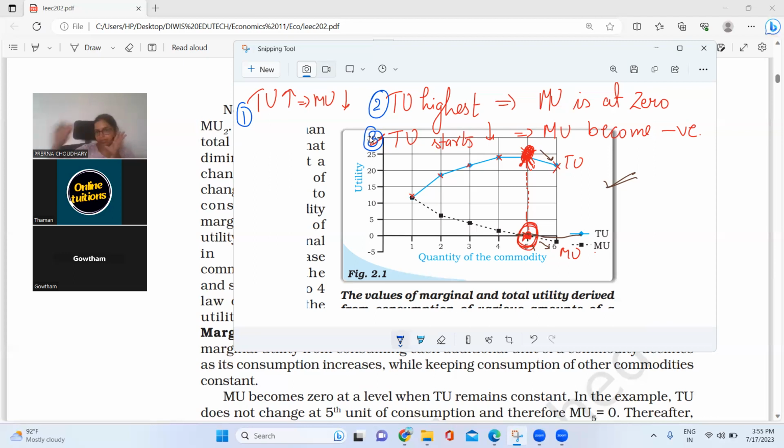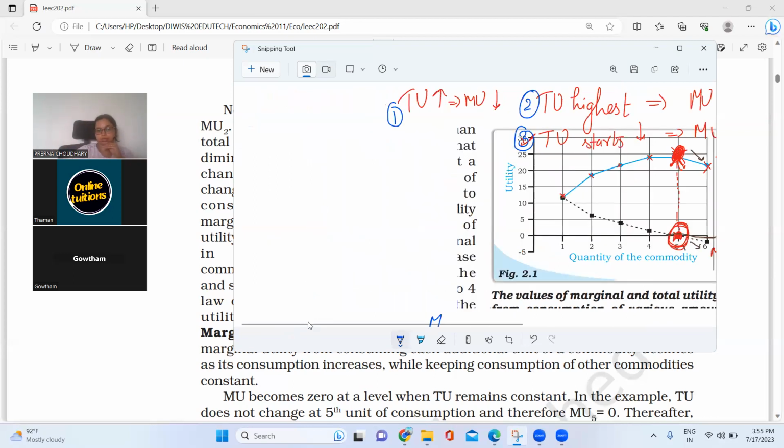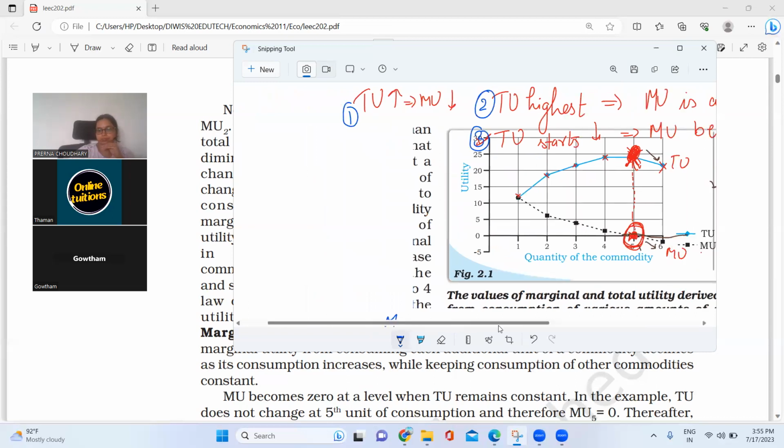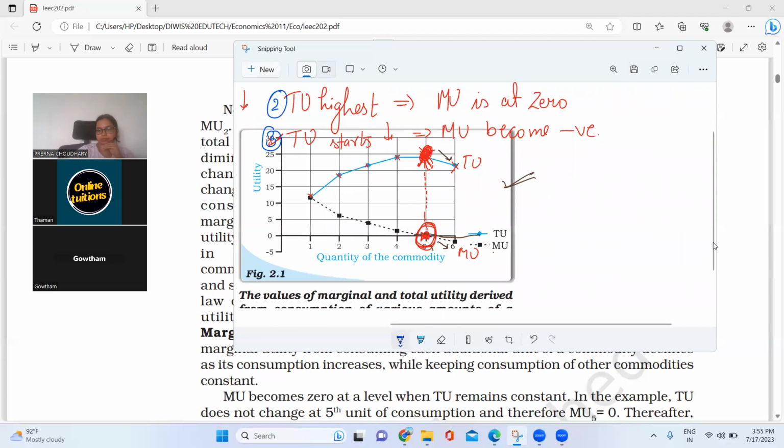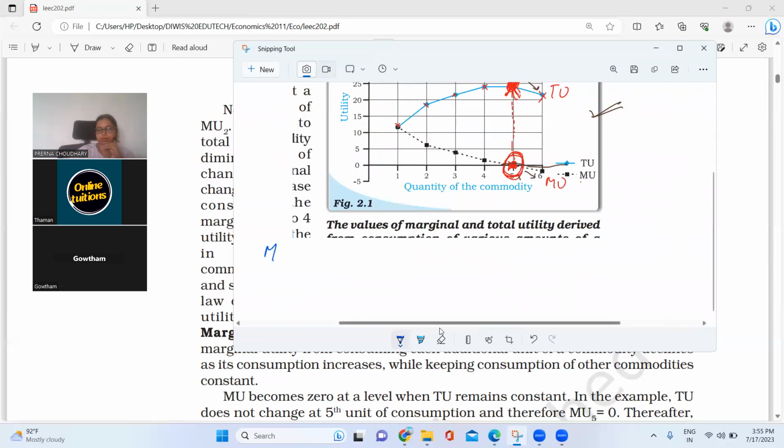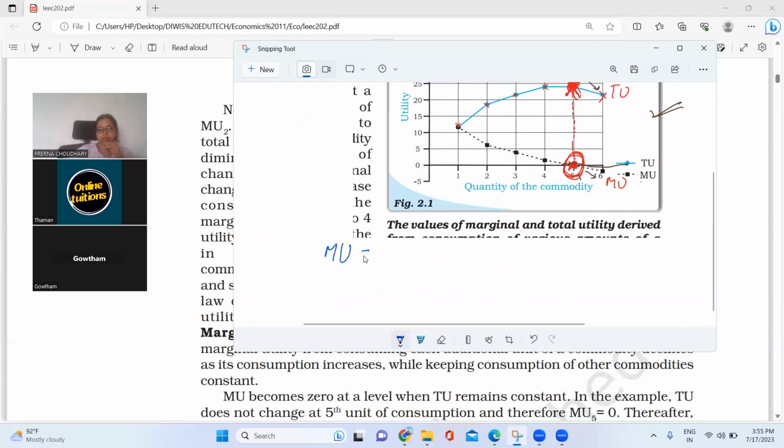Except this, you have obviously a relation in terms of a formula, which says MU is total utility of n minus total utility of n minus 1.